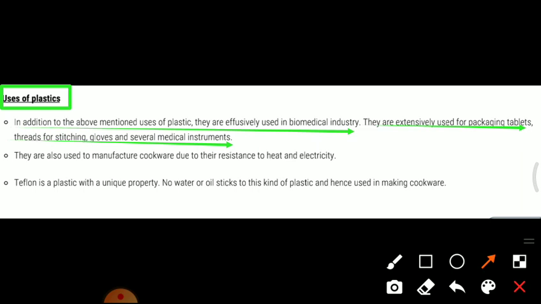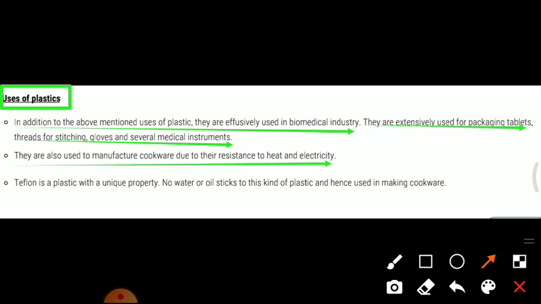Special plastic cookware is used in microwave ovens for cooking food. In microwave ovens, the heat cooks the food but does not affect the plastic vessel. So, they are also used to manufacture cookware due to their resistance to heat and electricity.